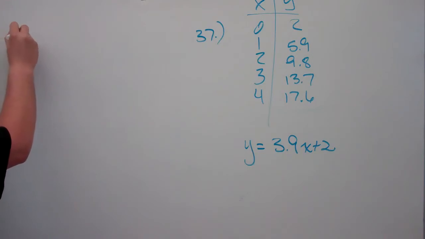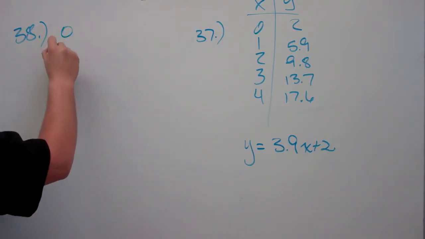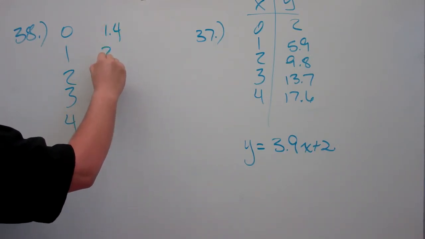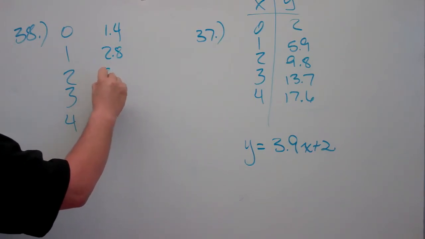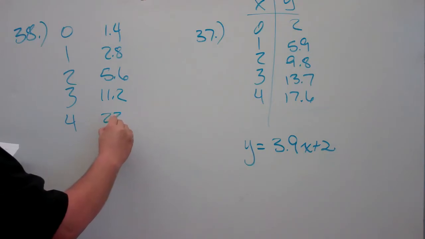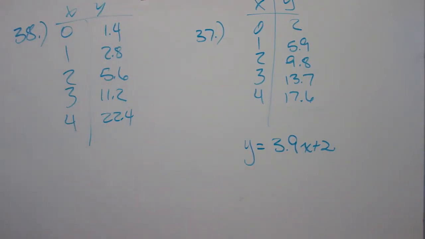38. We have x values 0, 1, 2, 3, 4, and y values 1.4, 2.8, 5.6, 11.2, 22.4. Again, if you look at this, it looks like we're multiplying by 2 each time, doubling it. But how would we represent this?